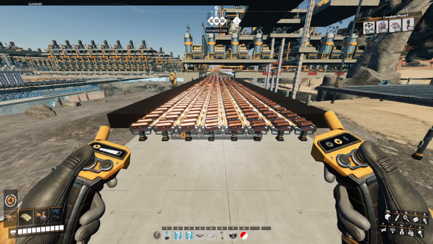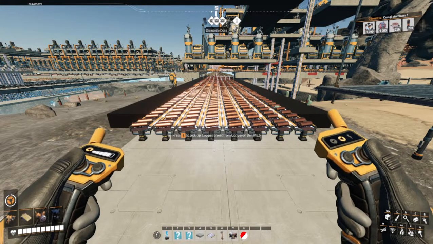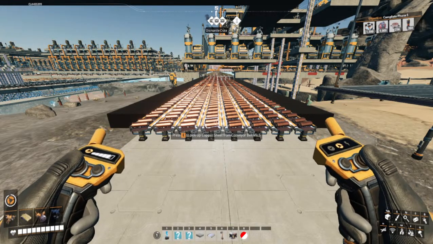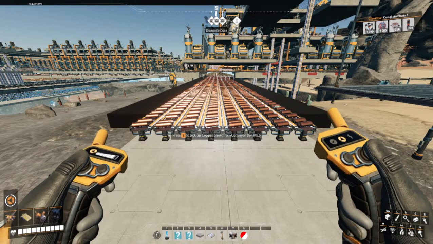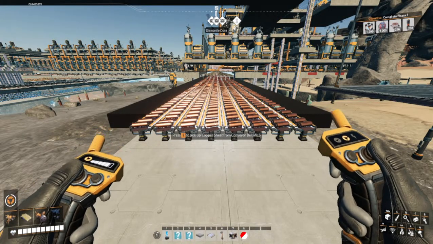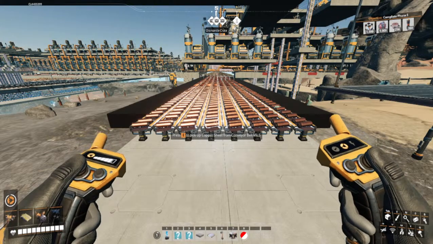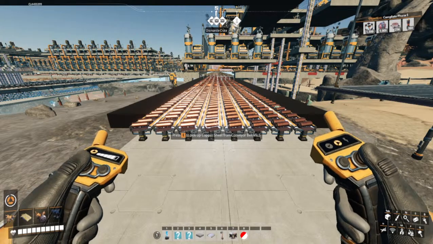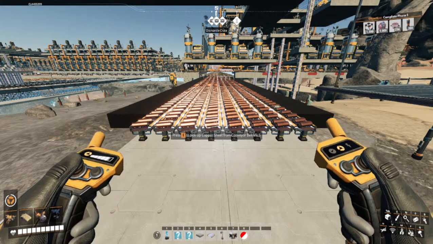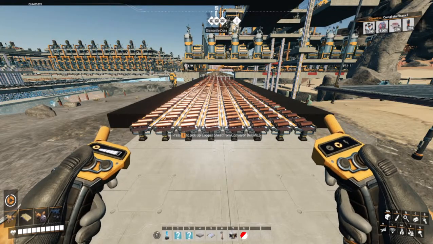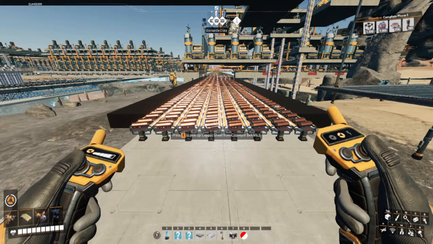So 38,400 quick wire divided by 1,200 per line, see that. 38,400 divided by 1,200 is 32.